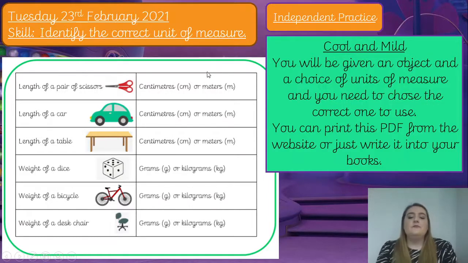You are going to need to choose the correct one. You might underline the one that you're going to use or circle the correct one. You can print this PDF from the website or you can just write it into your book. If you don't have a printer or you don't want to print this off, you can just write the length of a pair of scissors equals and then whether you would use centimetres or metres to measure that.